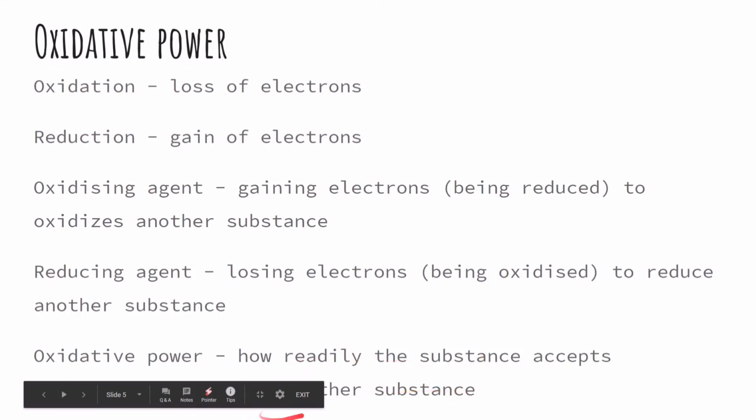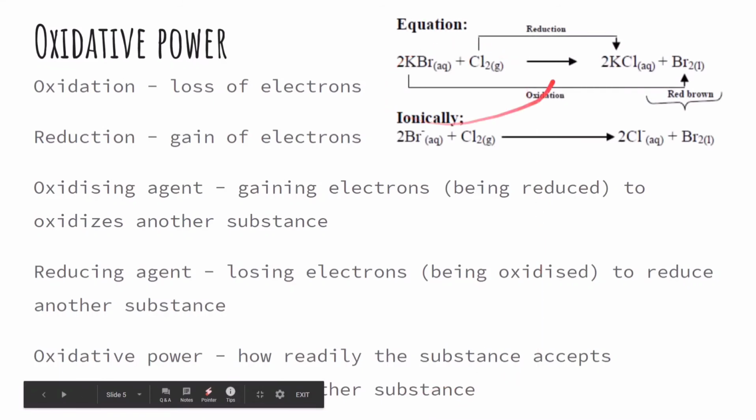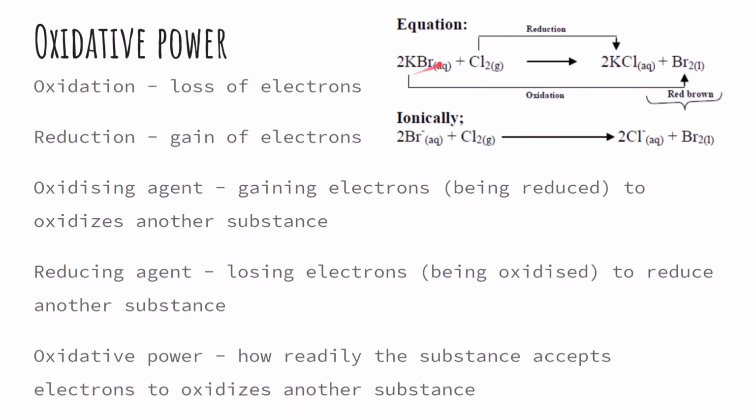So oxidative power in a displacement reaction means that chlorine displaces bromine in the potassium compound because chlorine has a higher oxidative power, meaning it is able to take the electrons from the bromine and displace it in this compound.